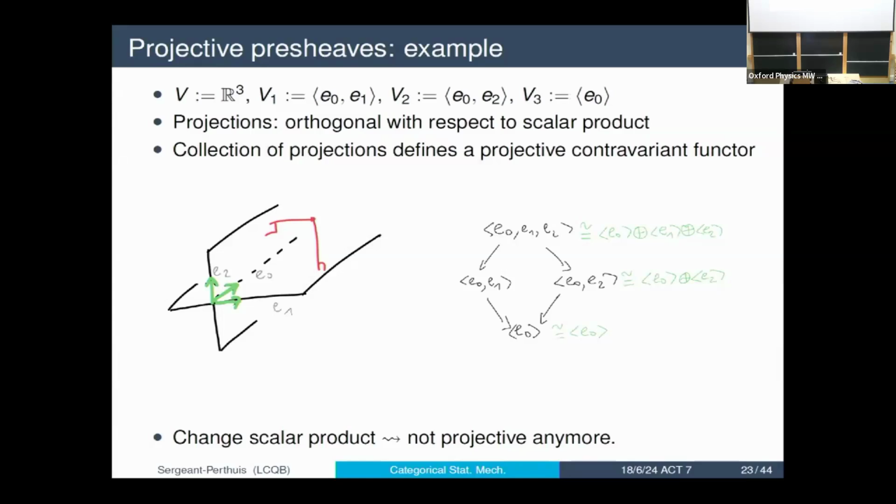This is really important, because if you remember the first talk of yesterday, martingales seen in the Dagger category are the same as seen as projections. If you have a big space from which you project, changing the scalar product changes the projection, and changing the scalar product is exactly changing the probability distribution.